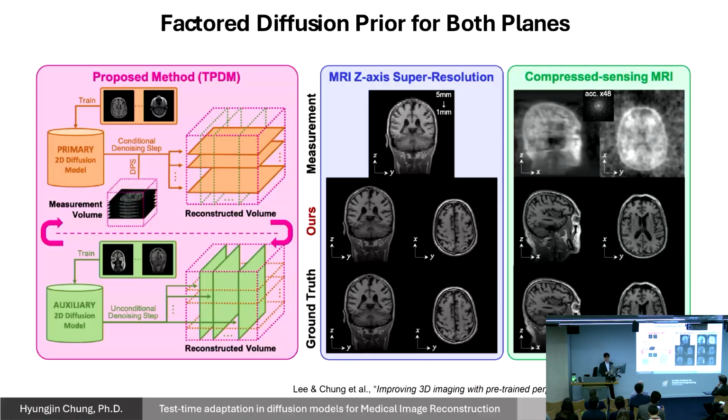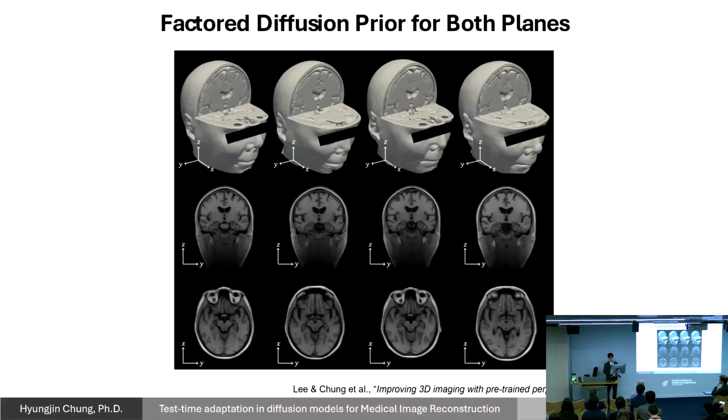You can just use the diffusion models in an interleaved fashion, so that at the end of the day, if you want to use it for reconstruction, you can. And if you want to generate 3D volumes, you can also do that. So these are samples generated from a 3D diffusion model. Well, it's not 3D, but a factored 2D diffusion model, which looks quite a lot like real volumes.